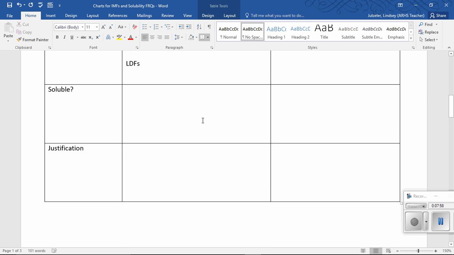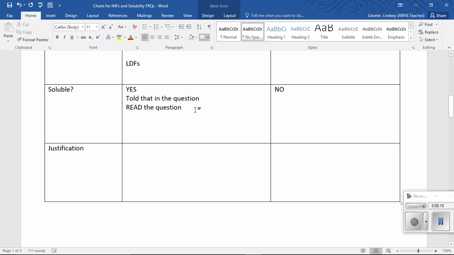So is pyridine soluble in water? Yes, you're told that in the question. So read the question, read the prompt, okay? Is benzene soluble in water? No, you're told that in the question, okay?